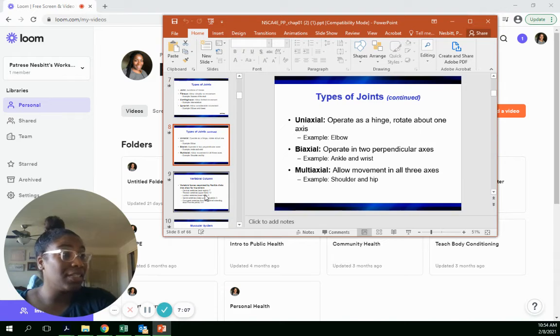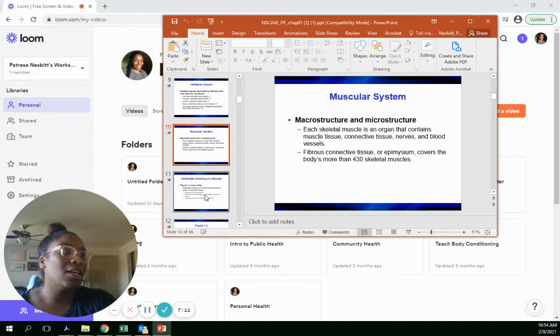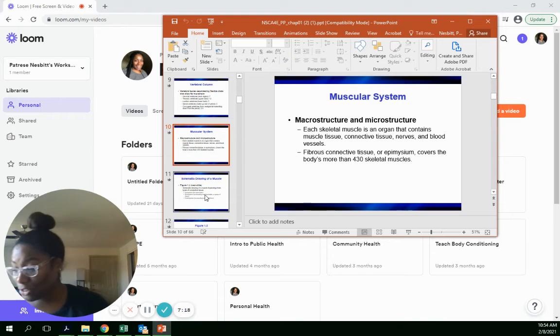Definitely get to know your joints, and it also talks about the vertebral column and muscular system, but also reacclimate yourself with directions. You have contralateral, ipsilateral, bilateral. I'll go ahead and name them for you as I'm looking at my notes. Remember superior, inferior, anterior, posterior, medial, lateral, bilateral, ipsilateral.